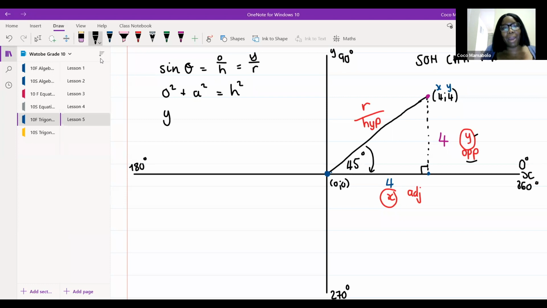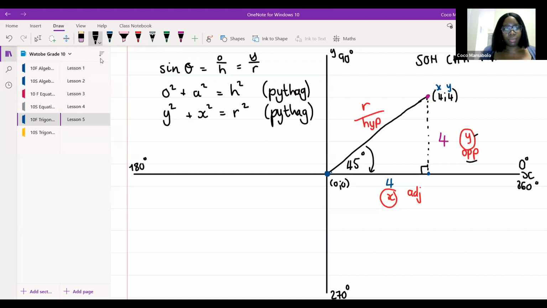So you can go my y's value squared plus my x value squared is equal to my r side squared. Either one of these, doesn't matter which one you use. Give me an answer for H or for R in the chat. Don't forget to write your reason. Our reason is always going to be Pythag. Okay.